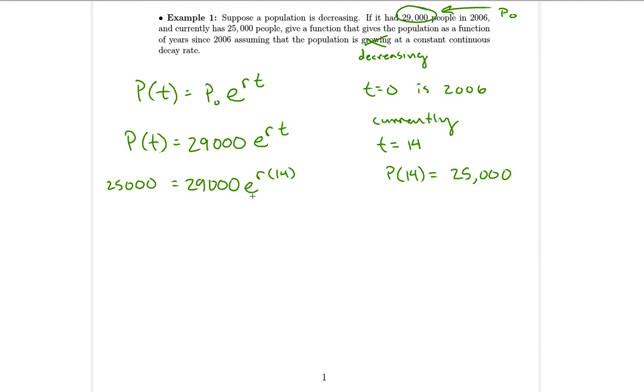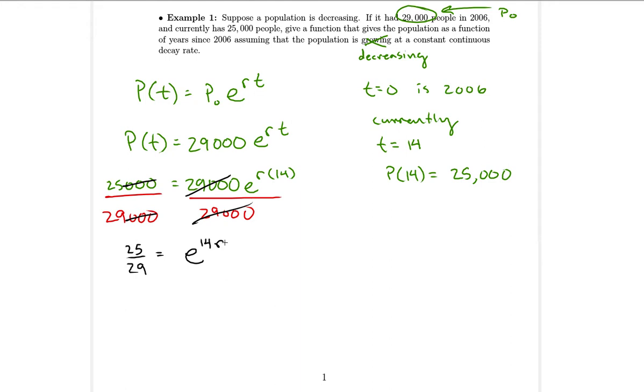So our only unknown is r, and so this is what's going to allow us to have the function that's being requested of us. So of course we can start by getting the exponential part by itself. And we can do some nice canceling here. Divide by 1,000 on top and bottom of that. So we end up with 25 29ths is equal to e to the 14r.